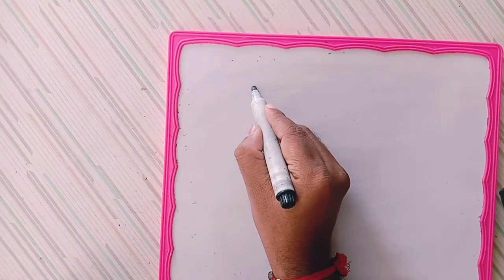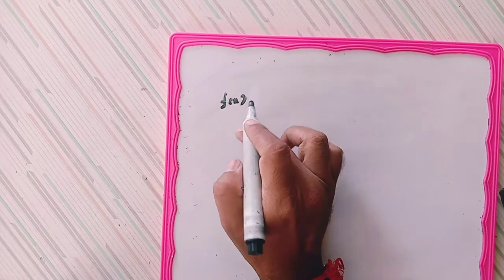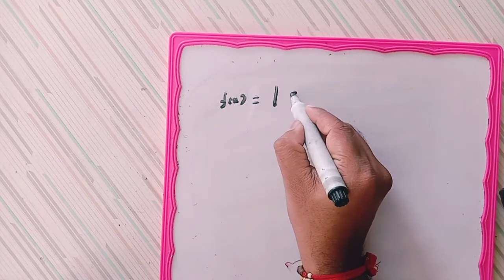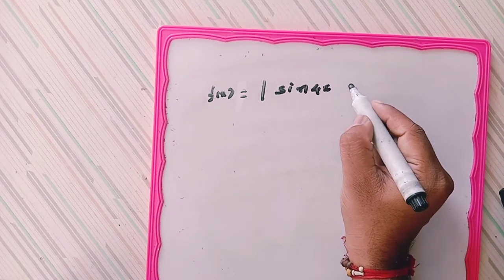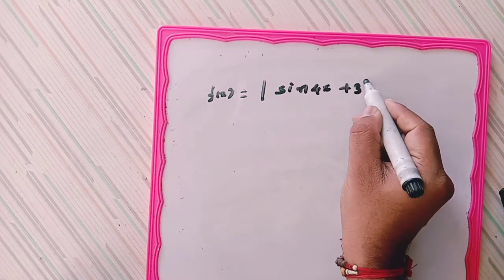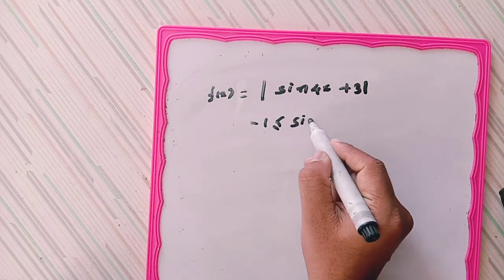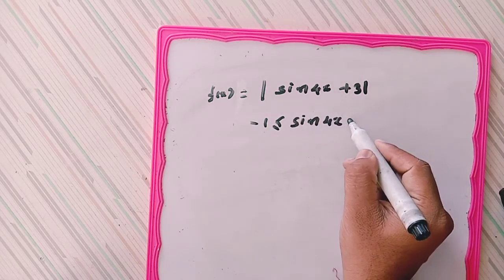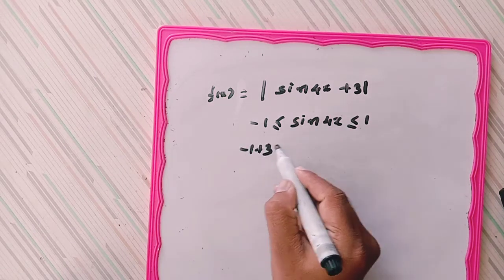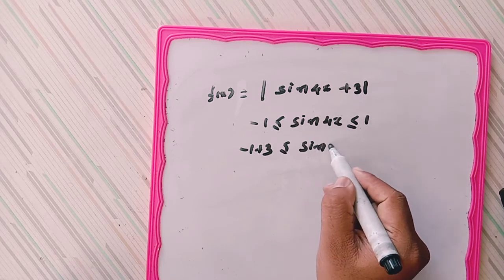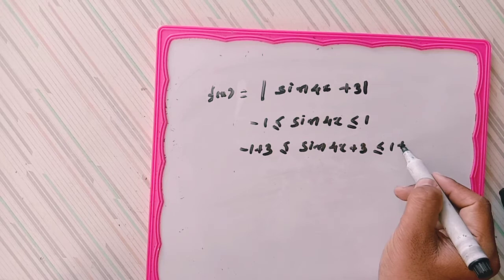Now we are given the next function, modulus of sin 4x plus 3. So we know that minus 1 less than or equal to sin 4x less than or equal to 1. So minus 1 plus 3 less than or equal to sin 4x plus 3 less than or equal to 1 plus 3.